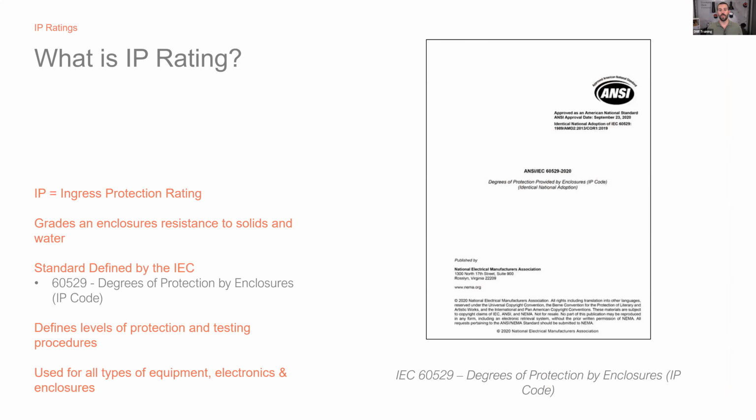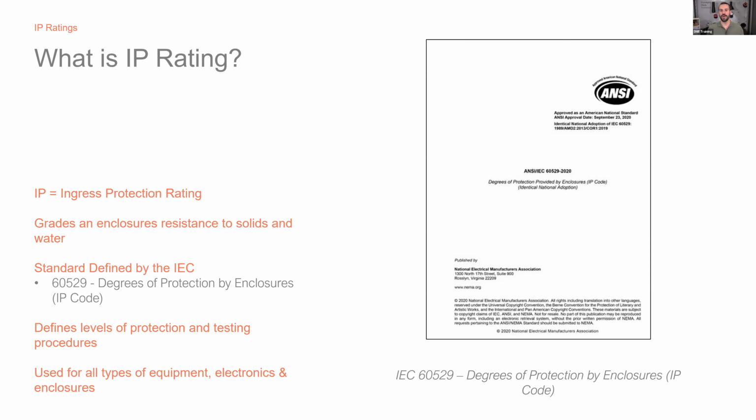So to start off, what is an IP rating? An IP rating stands for Ingress Protection rating. It really grades an enclosure's resistance to solids and water. So it's going to tell you how well something is going to stand up to different environmental conditions and how protected the internal components are from the intrusion of solids, namely dust and or larger particles, as well as water.